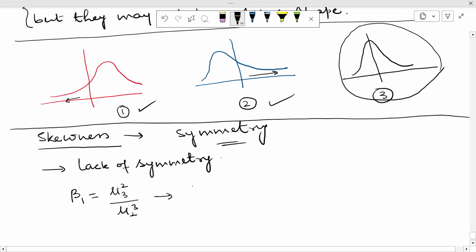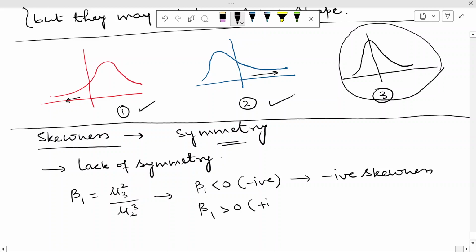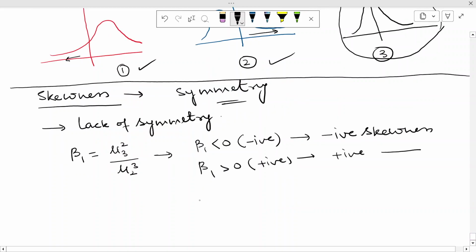When this beta 1 is less than 0, that is negative, we say the data has negative skewness. When beta 1 is greater than 0, or positive, we have positive skewness. And when beta 1 is 0, this is the situation when we have no skewness.